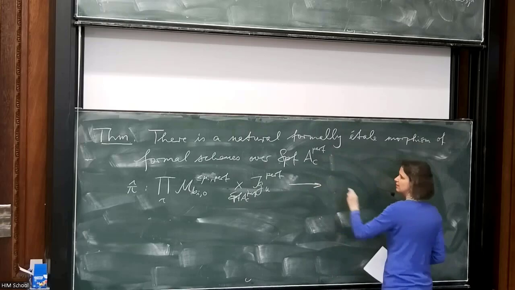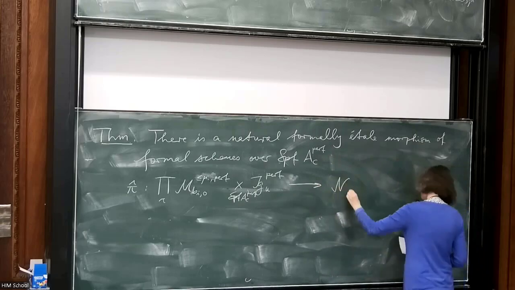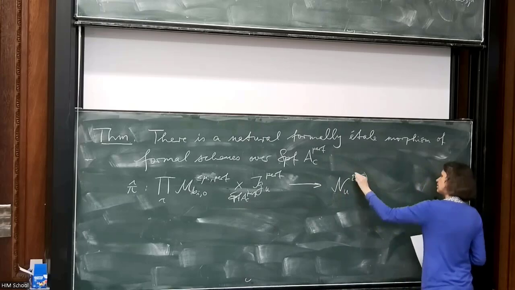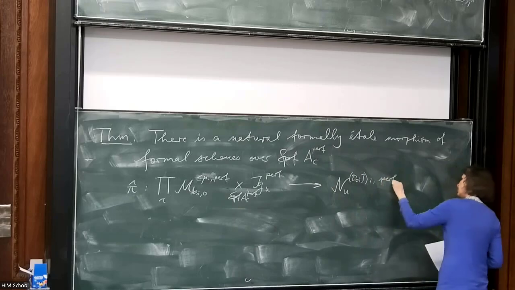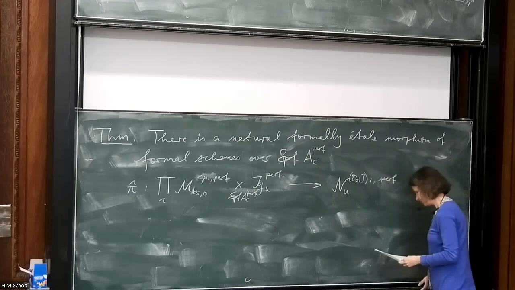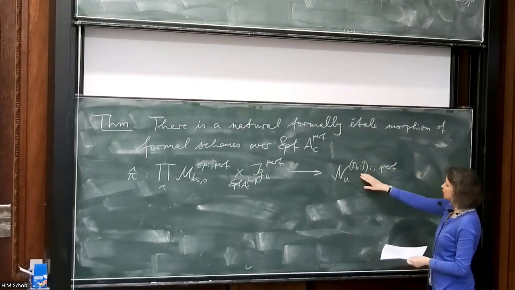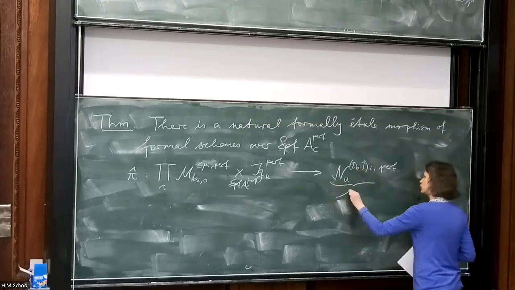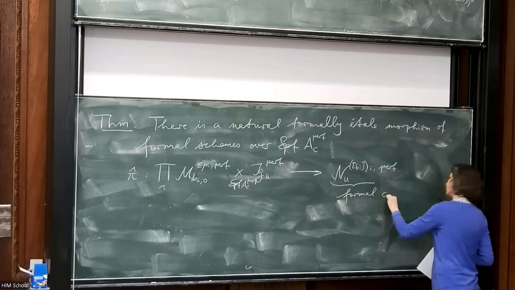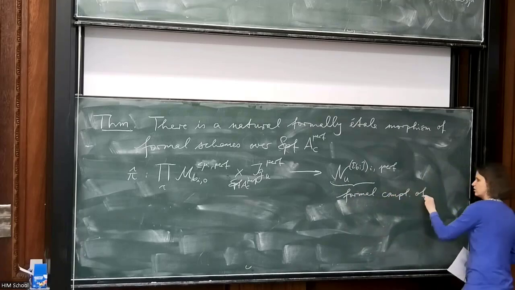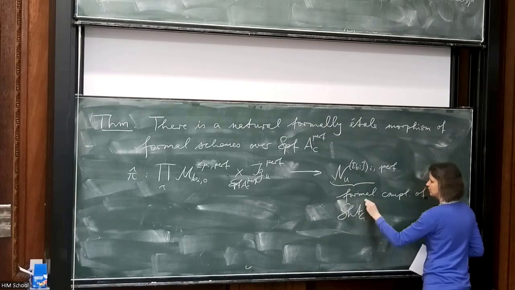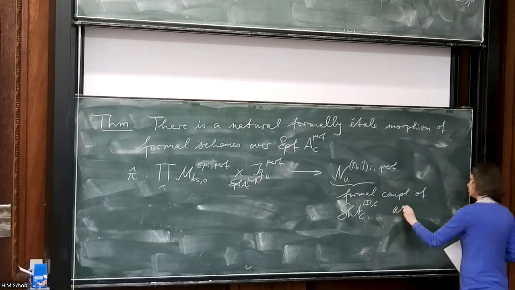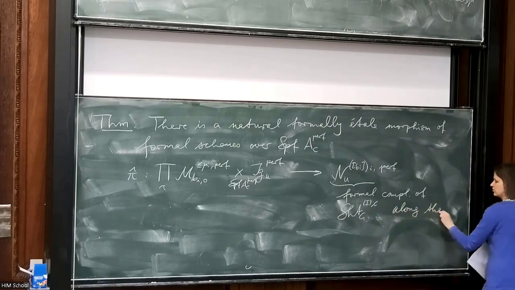And this then maps to the Newton stratum perfection. So this is the formal completion of the global moduli space along the Newton stratum, with all these decorations along the corresponding Newton stratum.